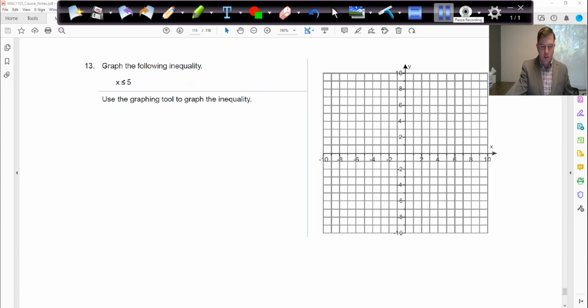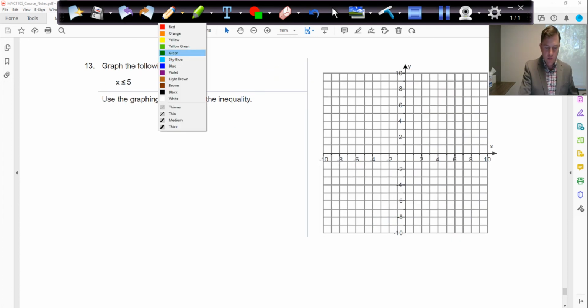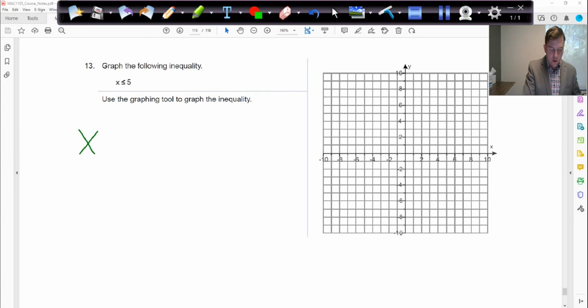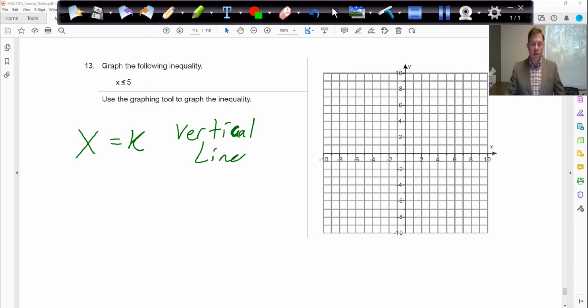Okay, number 13, they just give us an x value. So you might recall if x is equal to some number, that was a vertical line. That's a vertical line.